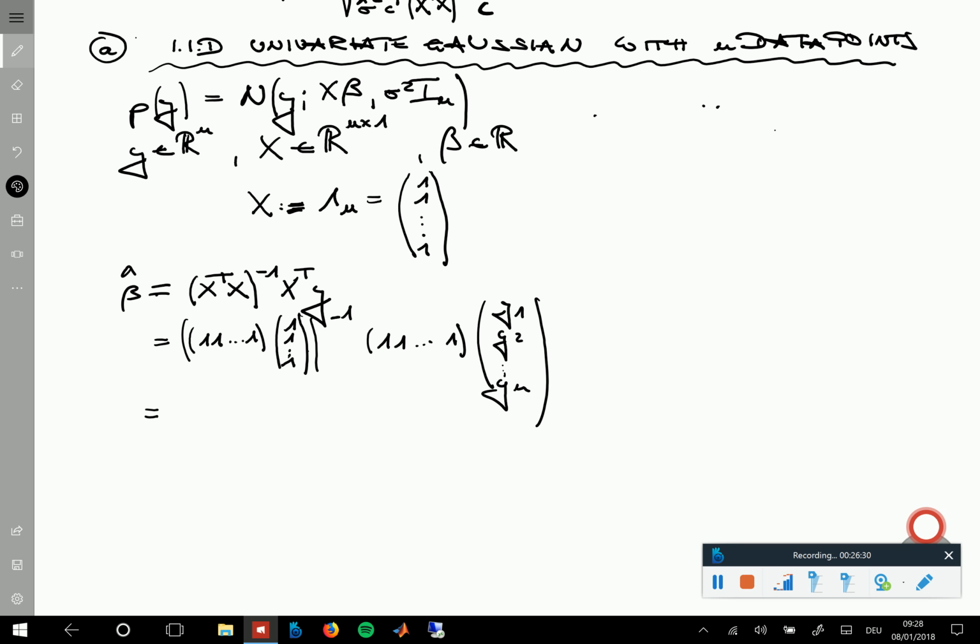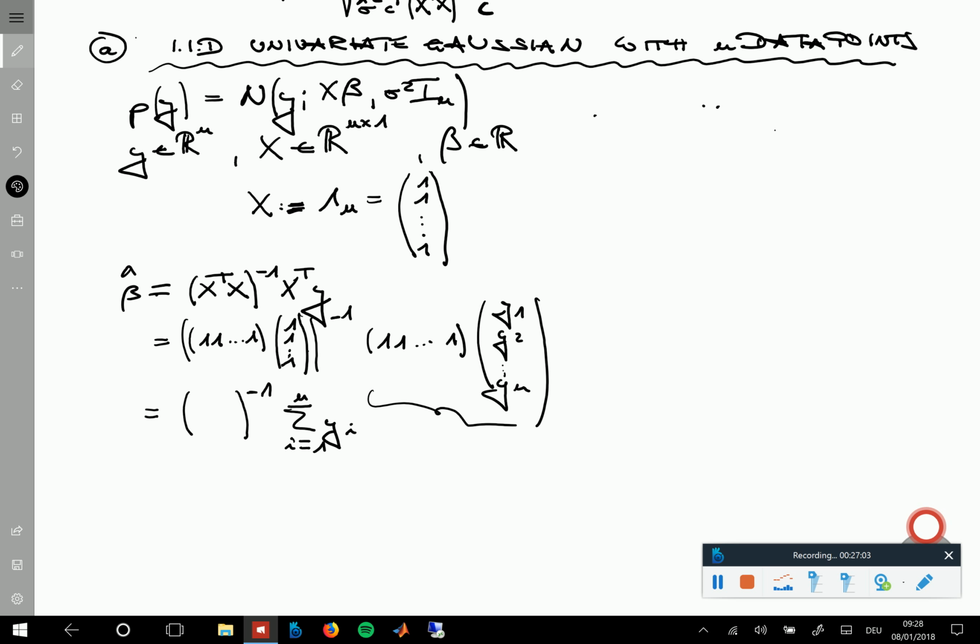So what do we get? Maybe let's start again with matrix multiplication. What is that if you evaluate it? That's the sum of the y's, so we get the sum from i equals 1 to n of the yi. And what do you get within the brackets?